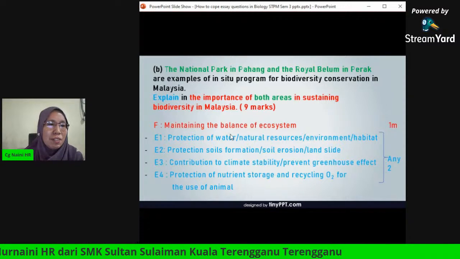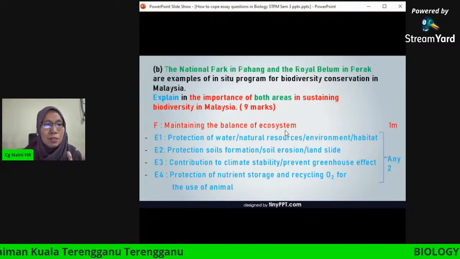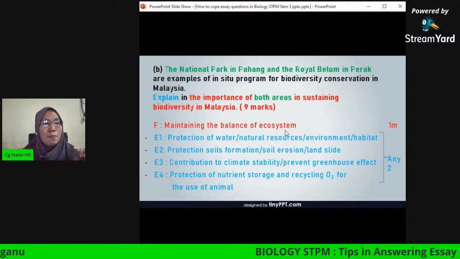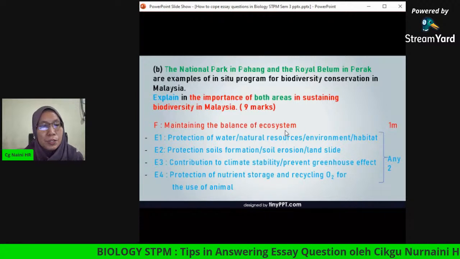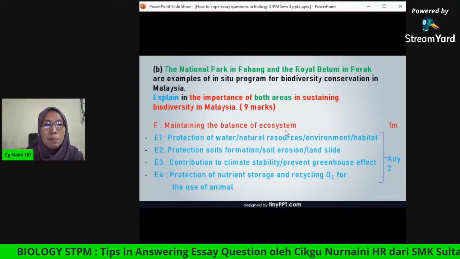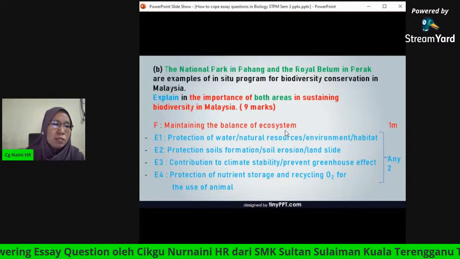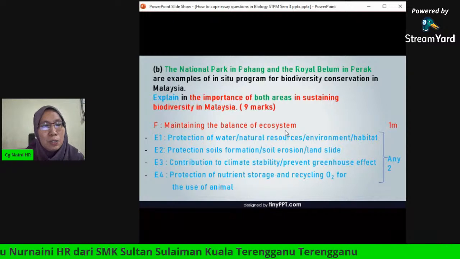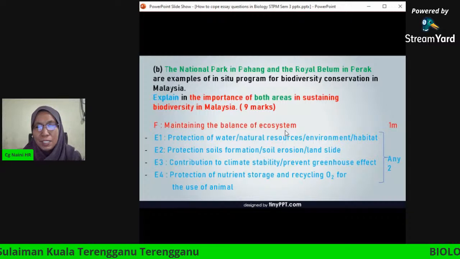So maintaining the balance of ecosystem. So how do we balance ecosystem? Protection of water, protection of soil formation, prevent greenhouse effects, protection of nutrient storage and so on. So teacher only chooses any two that relate to maintaining the balance of ecosystem.